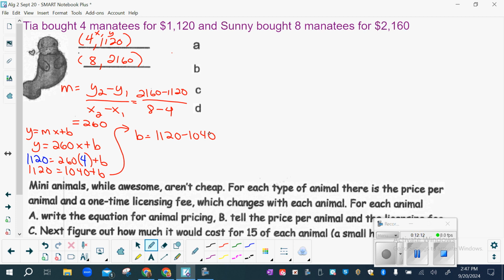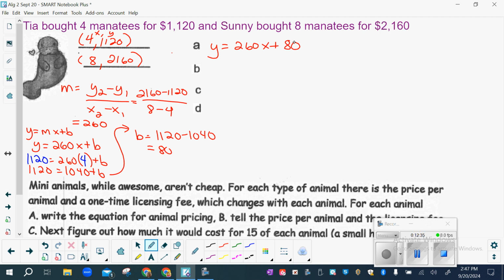And then we subtract 1040. And we get 80. So our equation for our line is y equals 260x plus 80. And then what is our price per animal and what is our licensing fee?